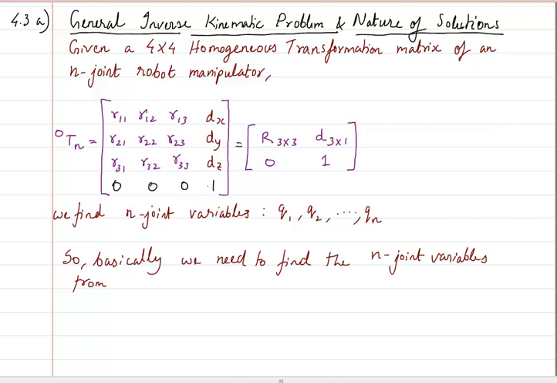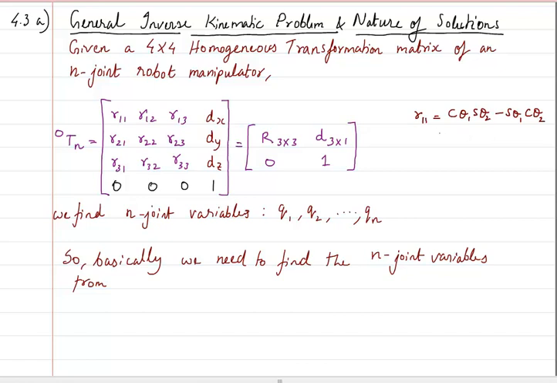If you remember, when we had solved the equation, we would have got something like R11 equals cos theta 1 into sine theta 2 minus sine theta 1 cos theta 2.